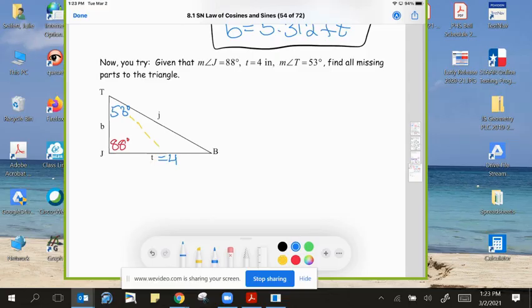It's a little bit easier to plug into, a little bit easier to work with. So I'm going to say sine of 53 over 4 is equal to, I have angle J, sine of 88 over little j.